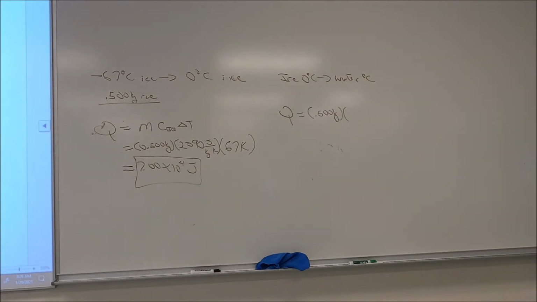On a test, it would be given to you. It's provided in tables in the book. So latent heat of fusion for water is 3.33 times 10 to the 5 joules per kilogram.